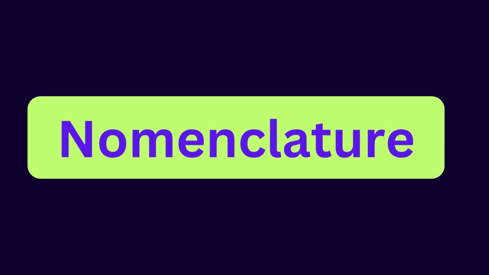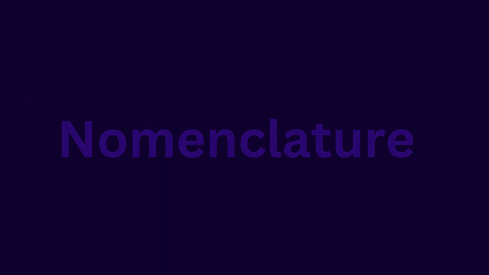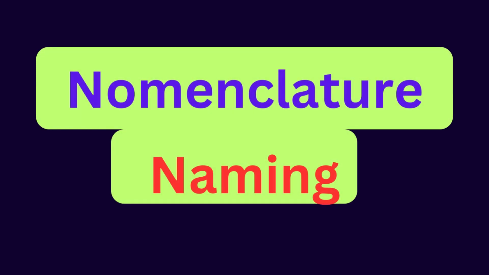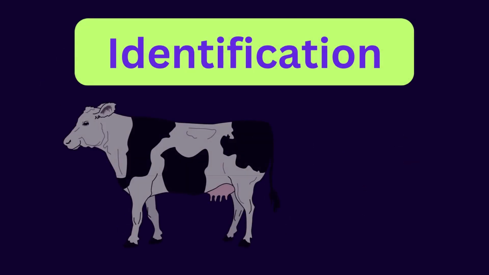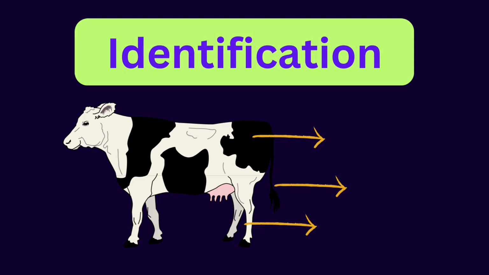This process is called nomenclature. Obviously, nomenclature or naming is only possible when the organism is described correctly and we know to what organism the name is attached. This is called identification.